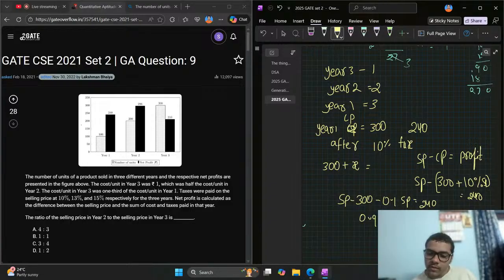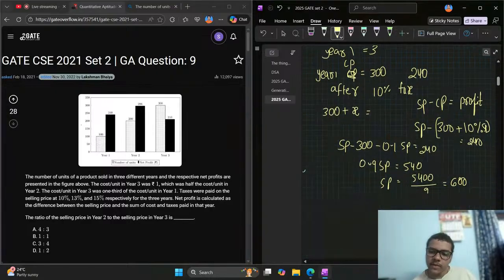540 is equal to 5400 by 9, 600 is the selling price. Okay, that is not required absolutely, but we kind of calculated it.